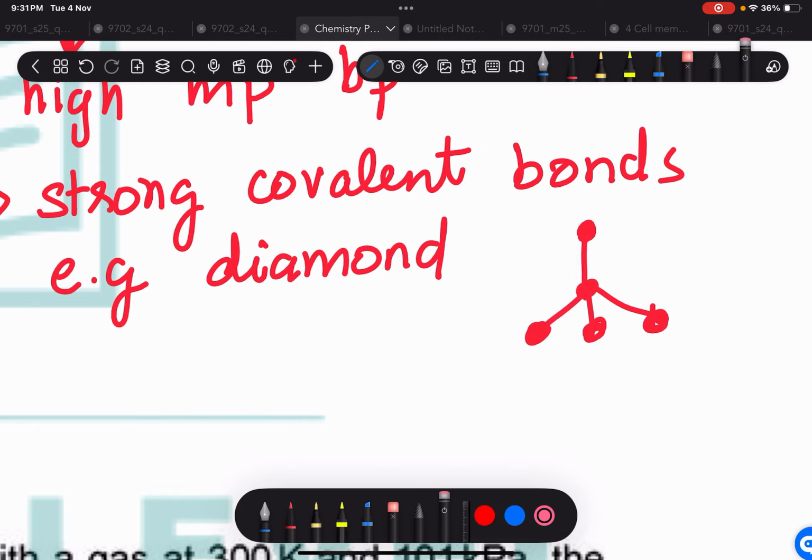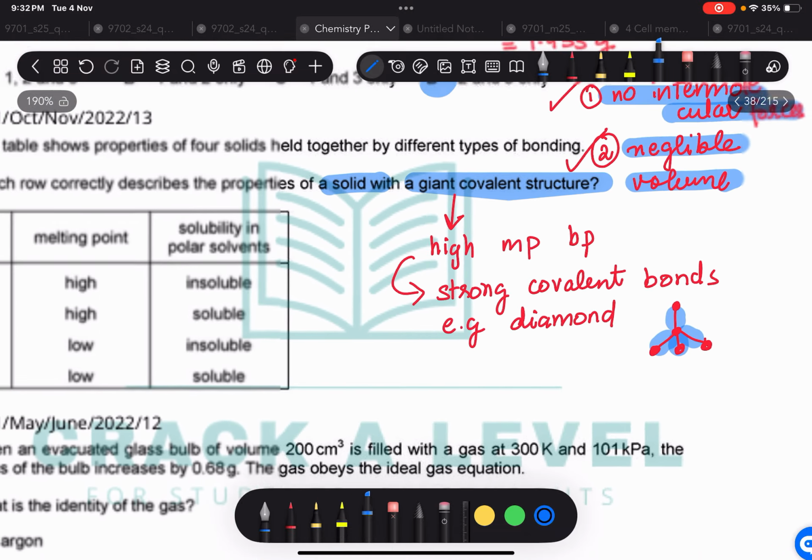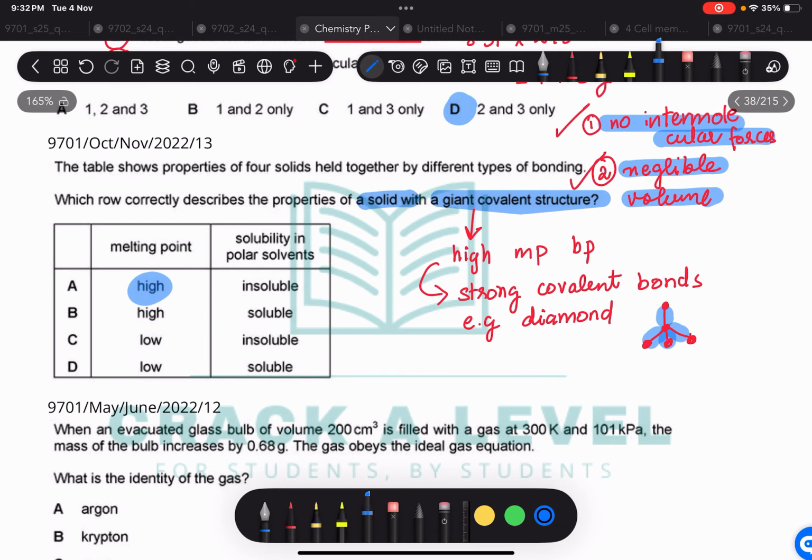And to melt diamond, you need to break these 4 covalent bonds. These covalent bonds are very, very strong, making giant molecular structures, giving them high melting and boiling points. So the melting and boiling point is going to be high.